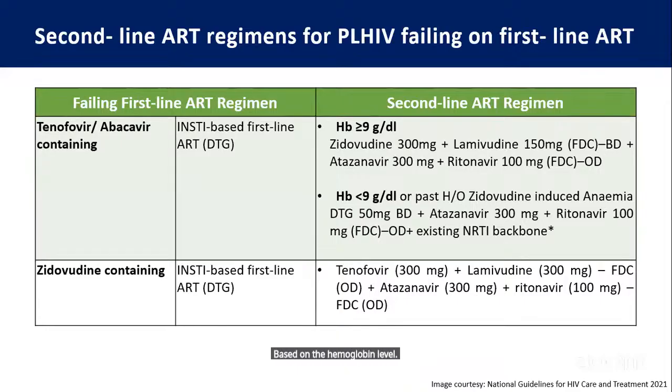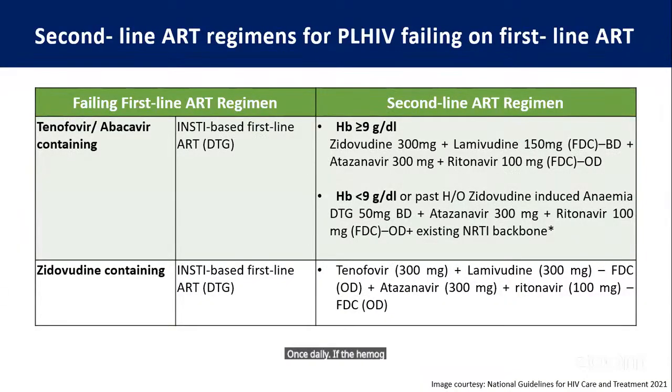If the hemoglobin is 9 gram per dL and above, then we can start ZL BD plus atazanavir ritonavir 300/100 once daily. ZL, as we know, is available as a 300 and 150 milligram FDC, so one tablet BD plus one FDC of atazanavir 300 and ritonavir 100.